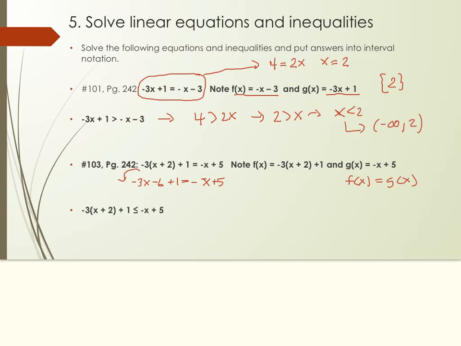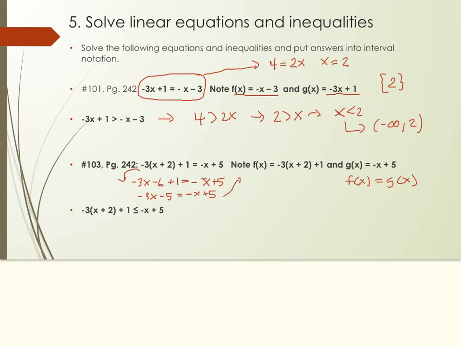We get negative 3x minus 5 is equal to negative x plus 5. We're going to bring the x's to the left-hand side.